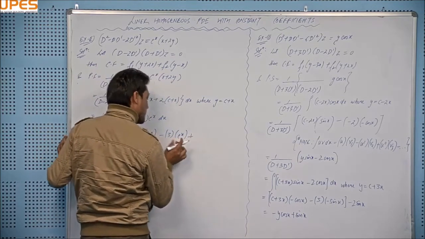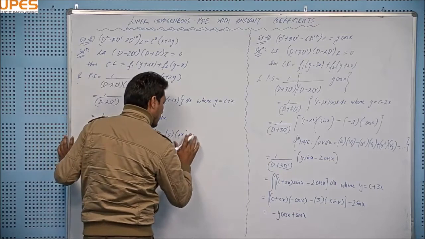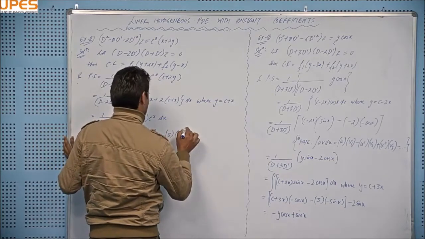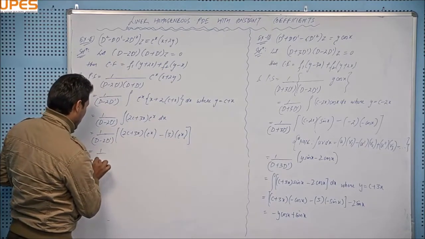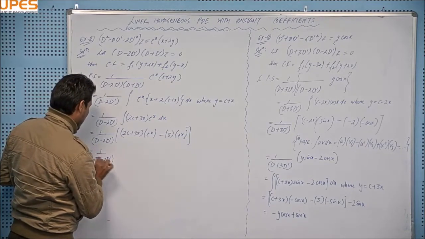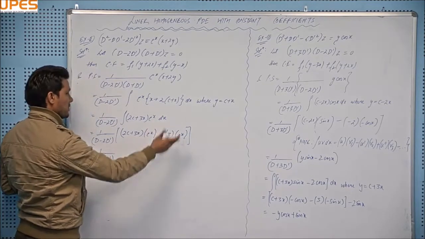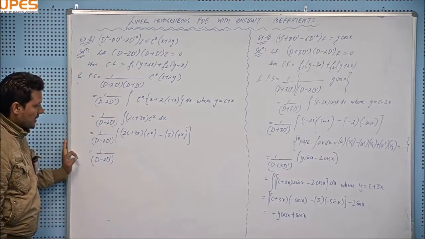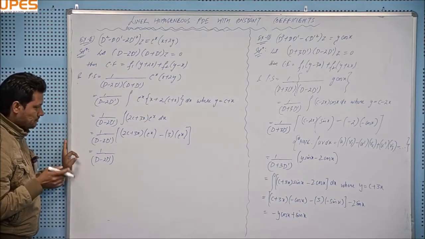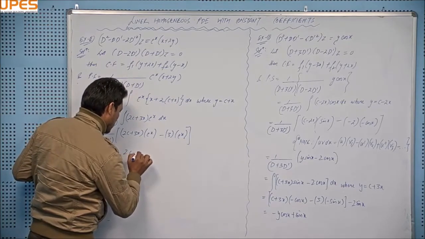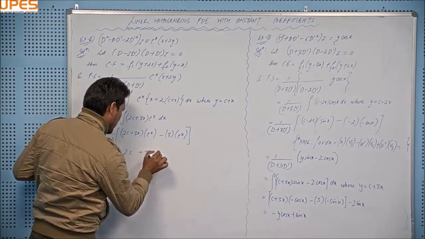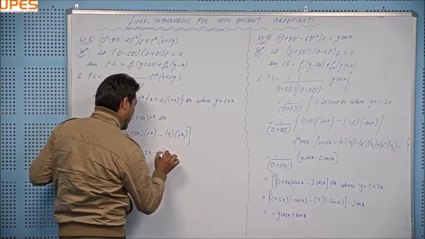Then the sign changes to plus, then the differentiation of this will be 0, so the formula stops here. That's it. Simplifying again will give 1 upon D minus 2D dash, and e to the power x will be taken common, and inside I will have 2c plus 3x minus 3, and outside I will have e to the power x.